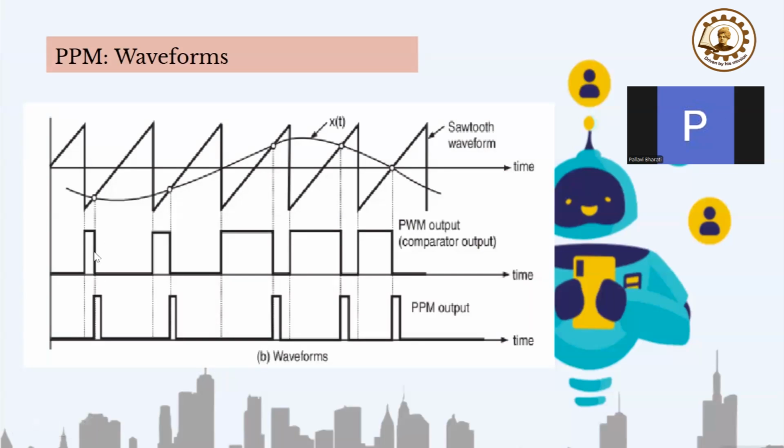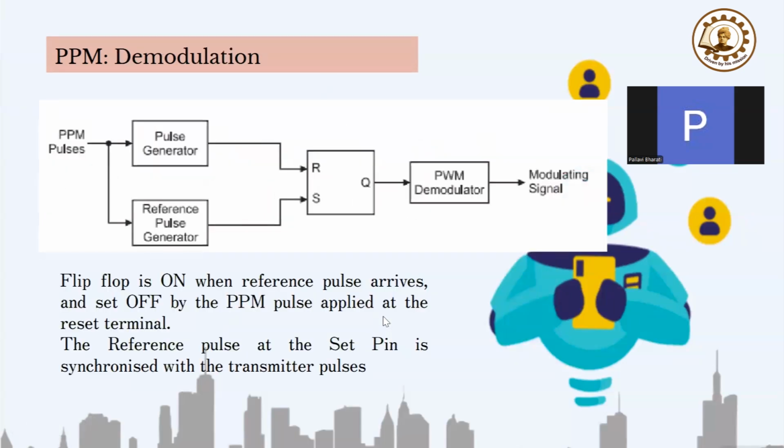When the trailing edge is coming, at that time the trigger is there for the monostable multivibrator, and the output of the monostable multivibrator goes high. Over here, you can see as the amplitude is increasing, the distance between the pulses is increasing. Here amplitude is decreasing, the distance between the pulses is decreasing.